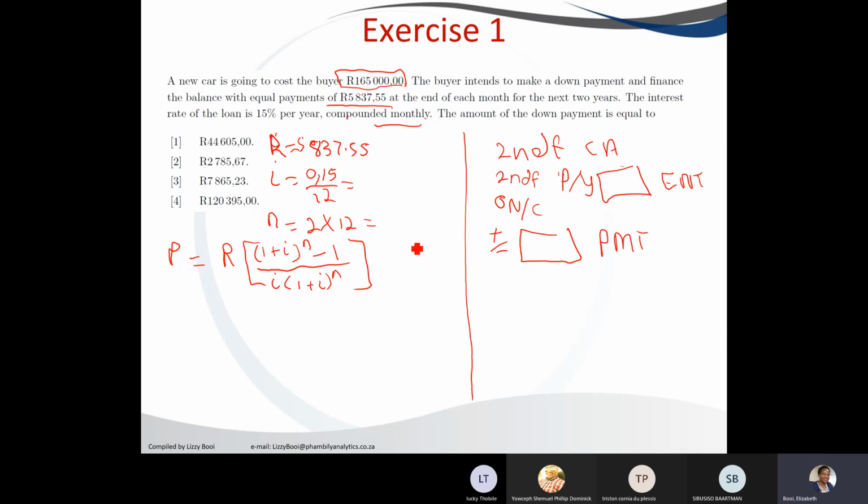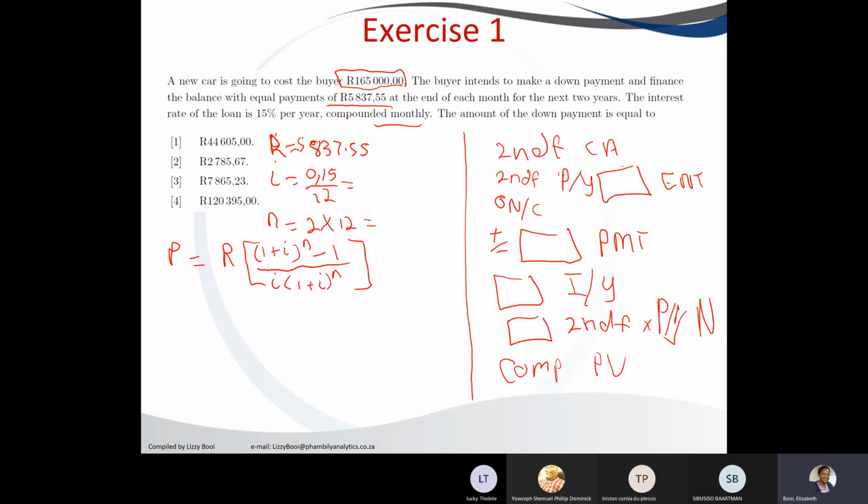Then we put in the interest, which is 15, and then we put in the period and press second function, and remember to multiply by P/Y, and then press N again. When you're done, you compute the present value, and once you're done, you have your answer.